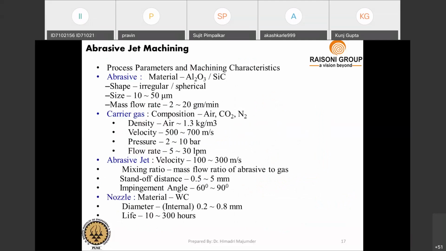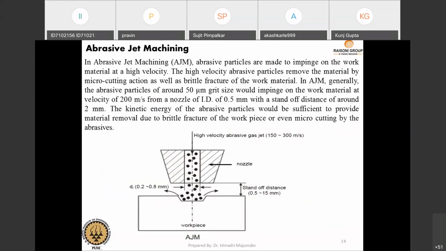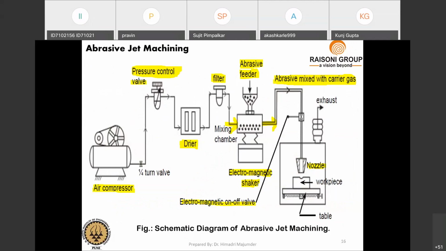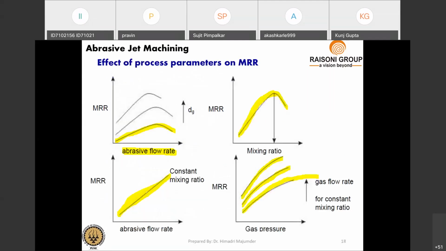Okay, so in this we have seen what abrasive jet machining is and how the material removal takes place. Then we saw the working process and the schematic diagram. Then we have seen the different types of process parameters which are important in abrasive jet machining, which we must follow. Then we have seen the different process parameter effects on MRR during abrasive jet machining.